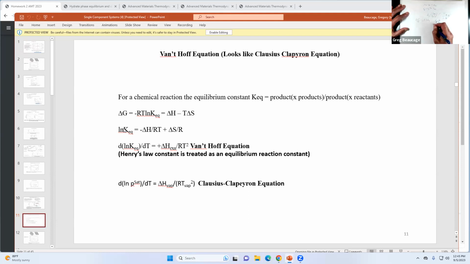In other words, XA, the mole fraction in the solution, times the Henry's law constant is going to equal the amount in the vapor. And the vapor pressure PA is the same as Y. It's a mole fraction, so YA times P0, which you take as one atmosphere, and that's just PA. The mole fraction of the vapor is the same as the partial pressure.